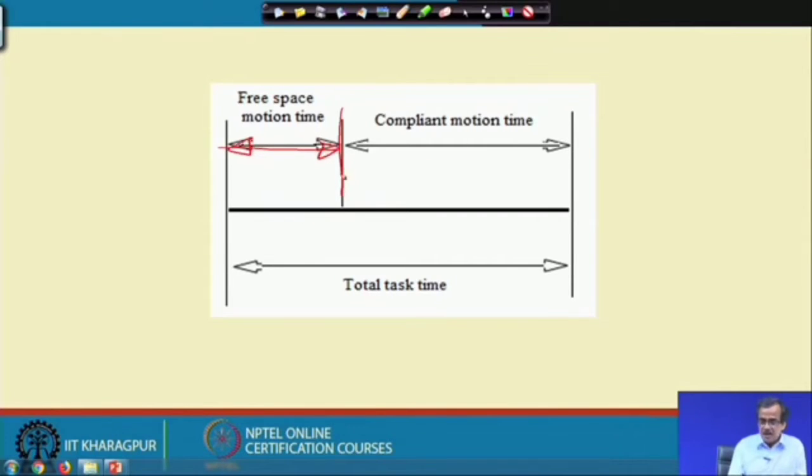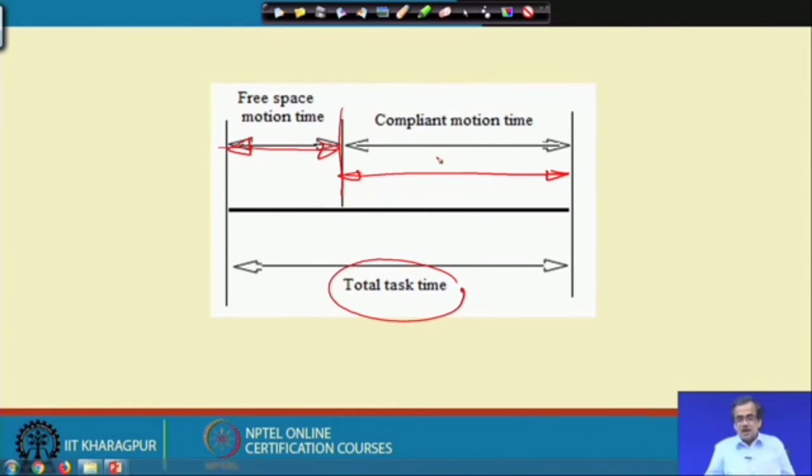On the other hand, the compliant motion planning takes the larger duration, and the total is nothing but the total time for the motion planning or total task time. So, if I divide the total task time, the free space motion time is much smaller compared to the compliant motion time. But as I told, I am going to concentrate in this course only on the free space motion planning.